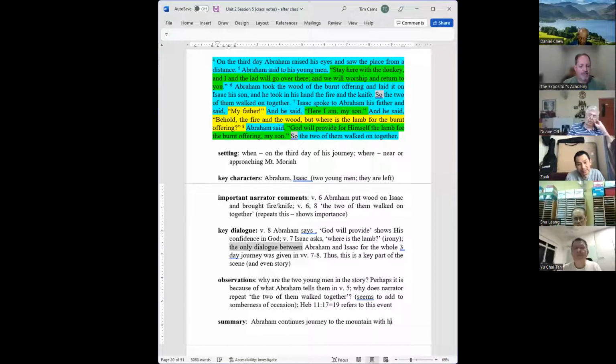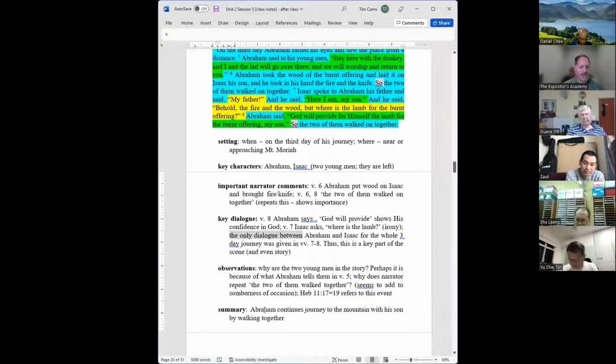Okay. Certainly that's an element. They walked by walking together. How might we incorporate what was said? That seems to also be an important piece. Is there a way we could add that into this summary here?